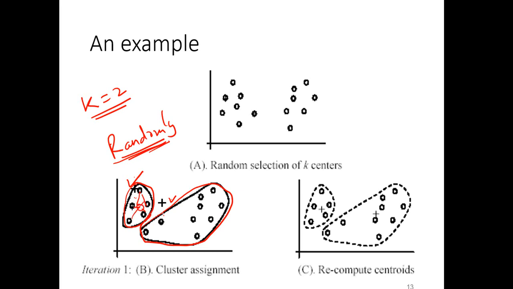So this will be somewhere here, and here also somewhere here, because this seems to be the central point of the cluster. Just by calculating the distance of each data point within a cluster and taking an average, you'll be able to find out where exactly you end up having your centroid.